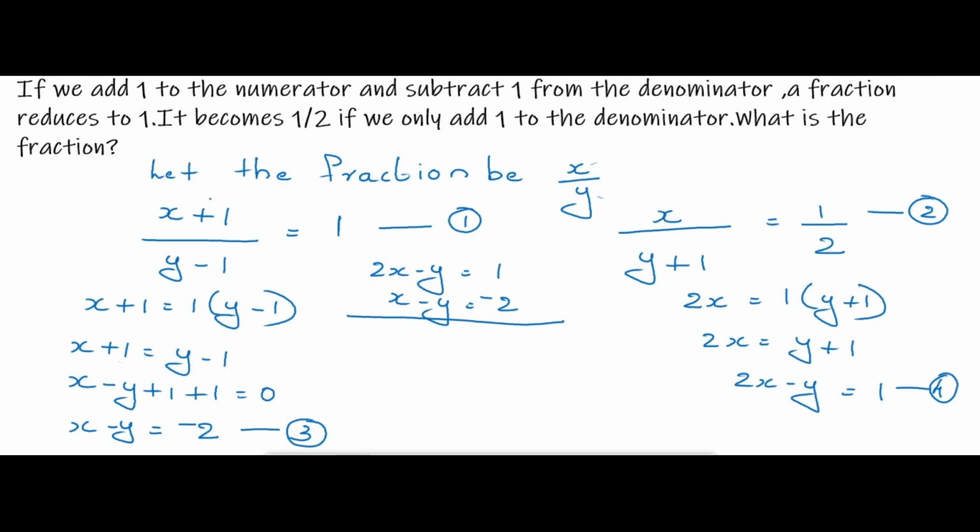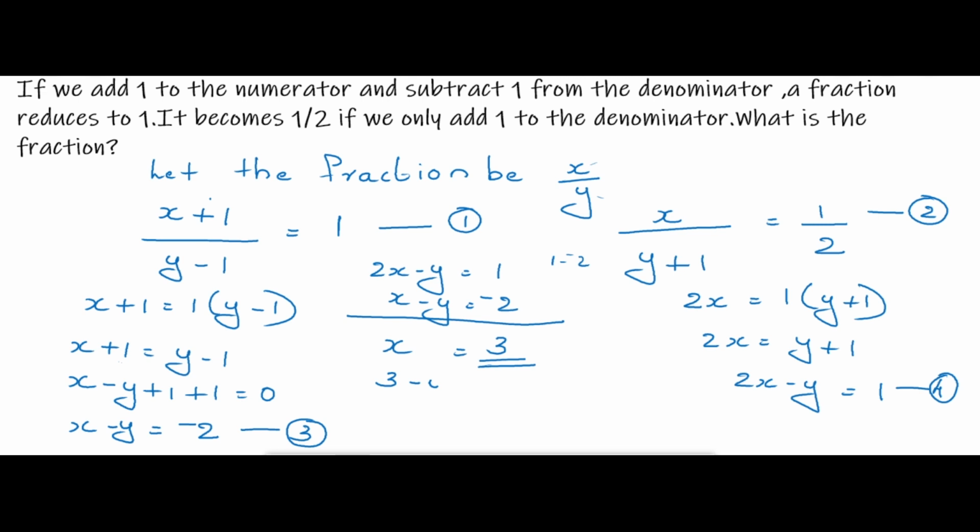Subtracting equation number 3 from 4. Minus y minus minus y is equal to 0. 2x minus x is equal to x and 1 minus minus 2, that is equal to 3. So you got the x value as 3. Now you can substitute this x value in equation number 3 and find the value of y.